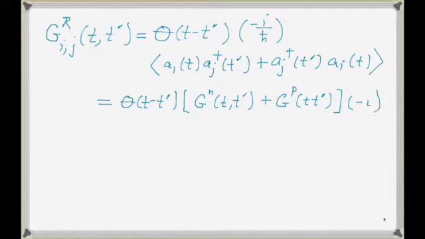That's a minus i. Or times, what do I need? Will a minus i do it? I've got a minus i out front. Yeah, that's it. Minus i out front.